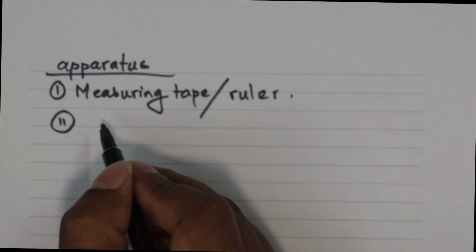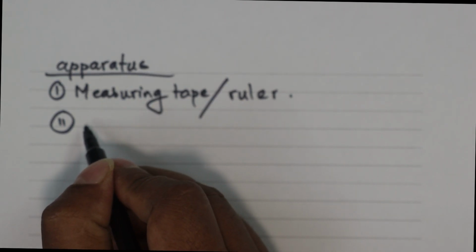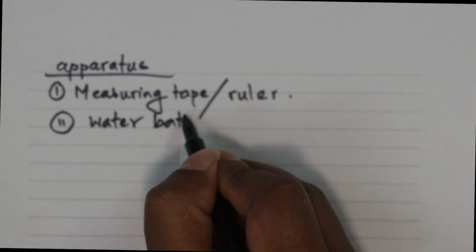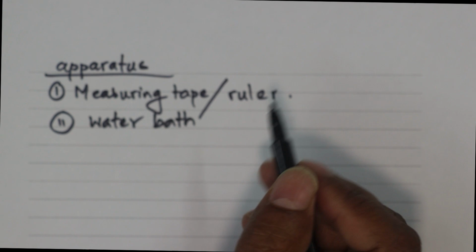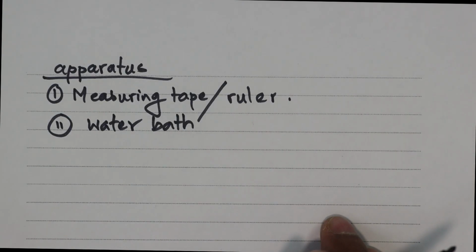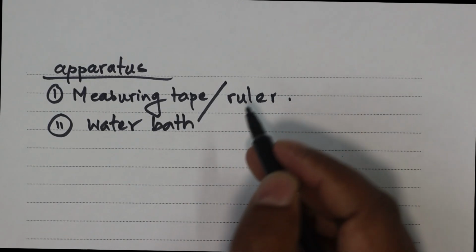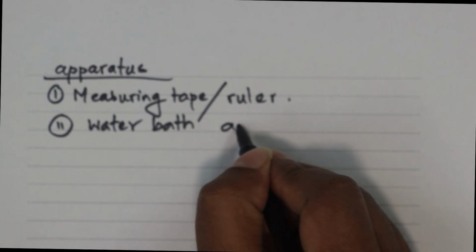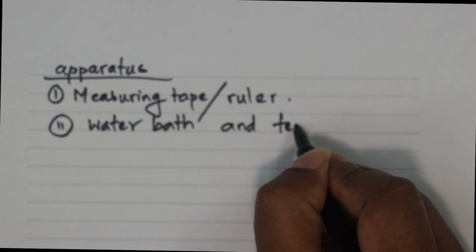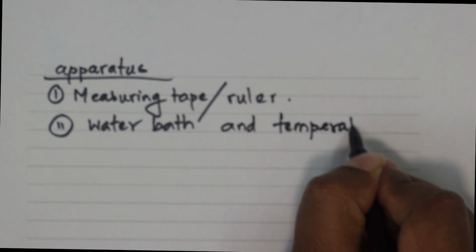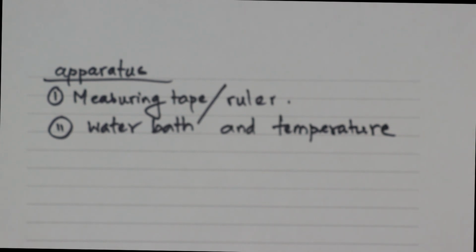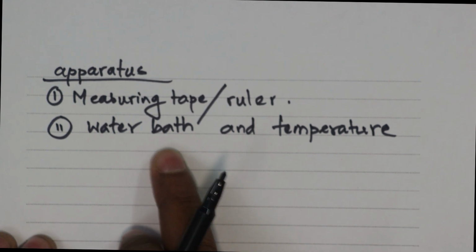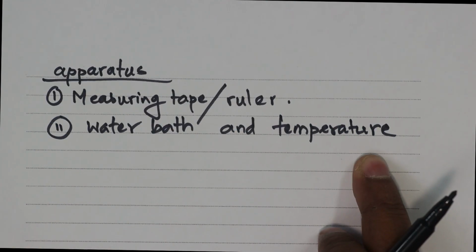So we can use a water bath to increase the temperature of the ball. And we need a thermometer also. We need a thermometer to measure the temperature of the ball. To increase the temperature of the ball, we need a water bath. And to measure the temperature, we need a thermometer.